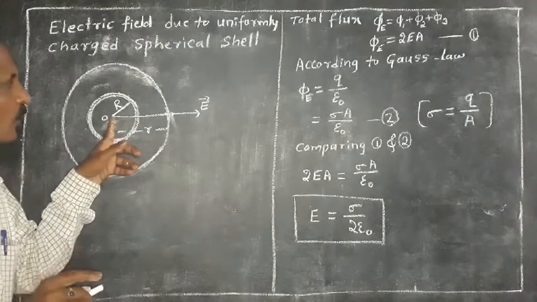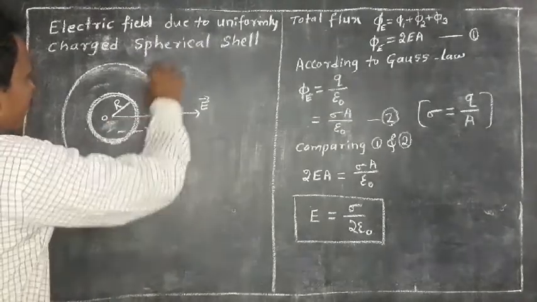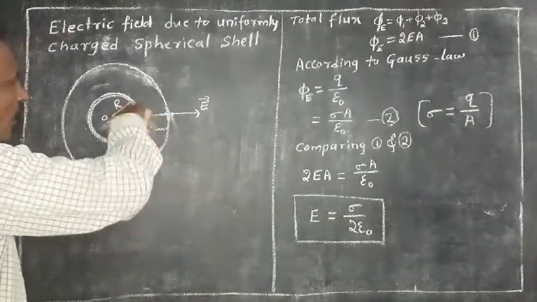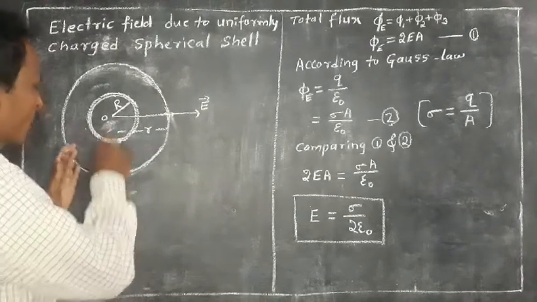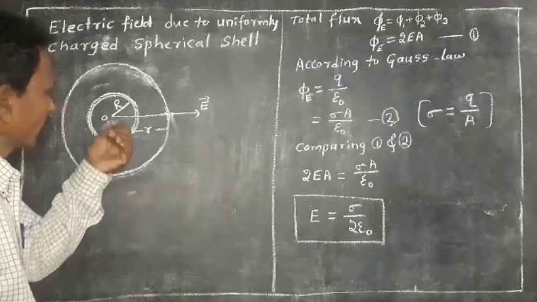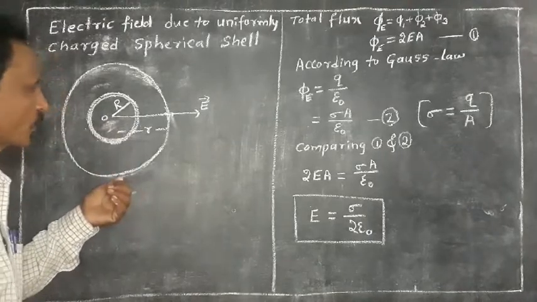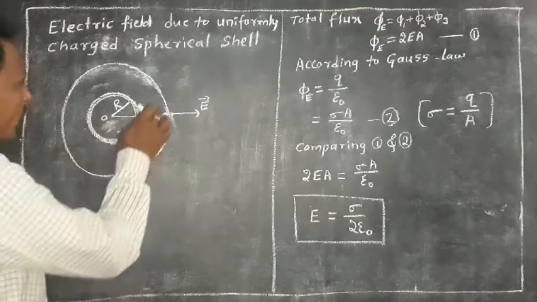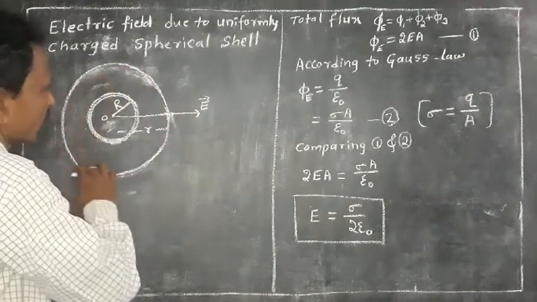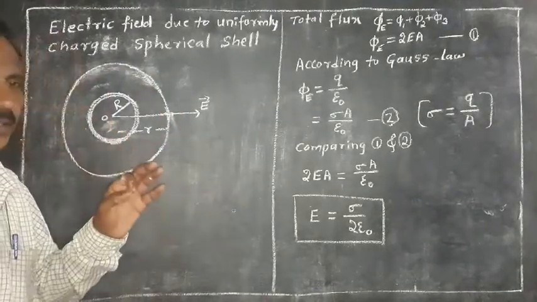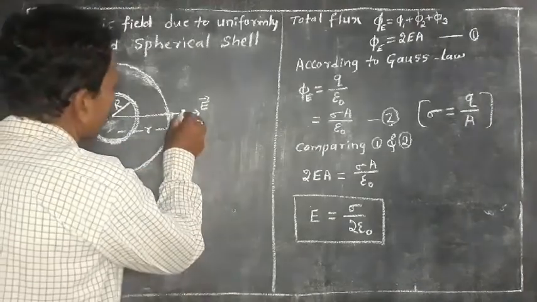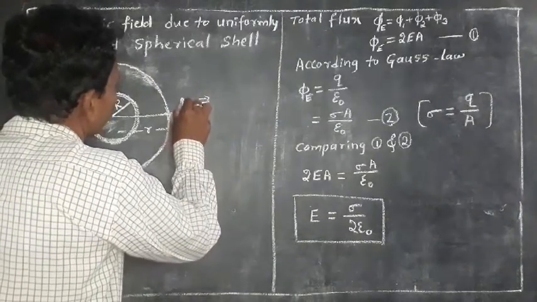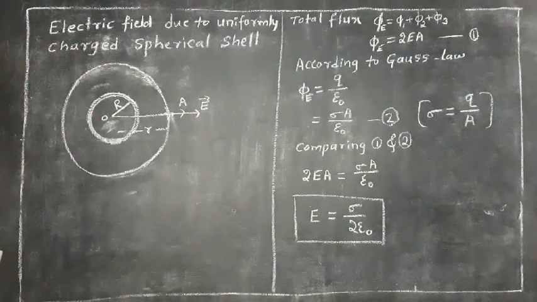The electric field vectors are also along the radius, they are also radial. Therefore, at each point of this Gaussian surface, the electric field vector and area vector are both in the same direction.